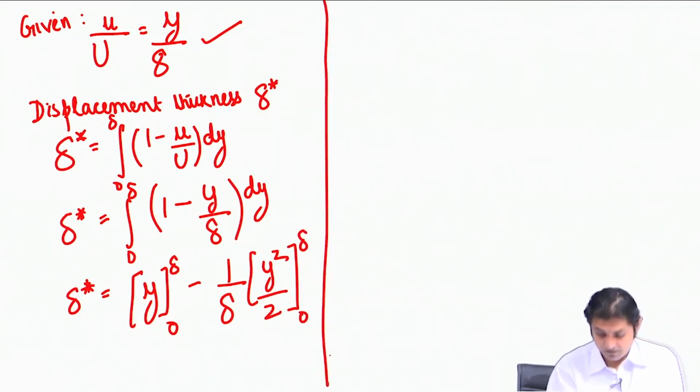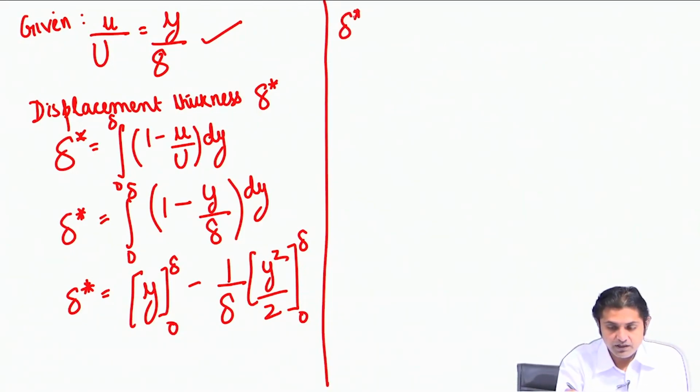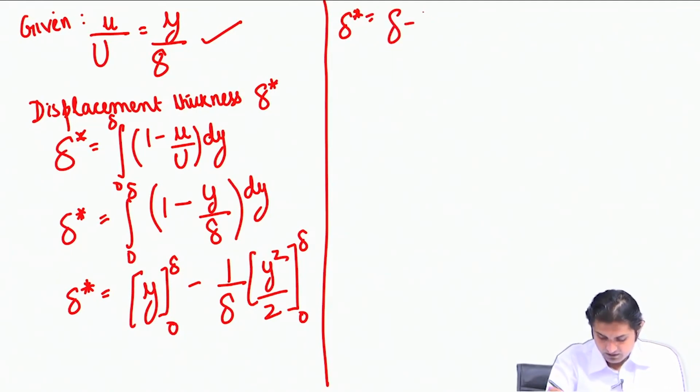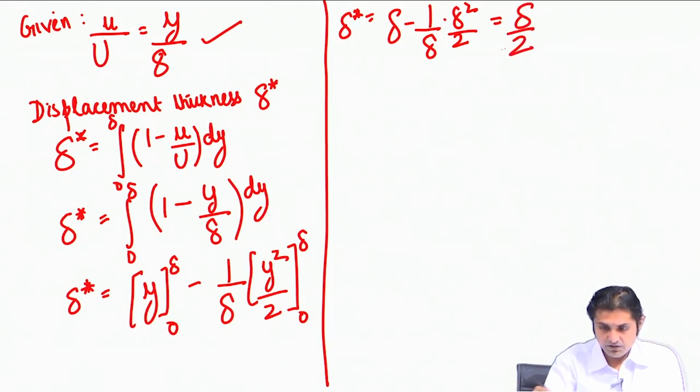So, delta dash is going to be delta minus 1 by delta into delta square by 2, which is equal to delta by 2.